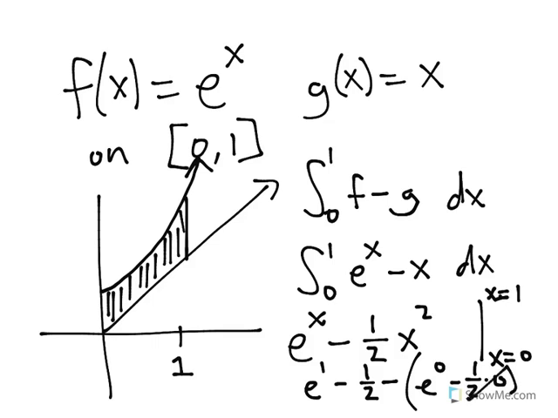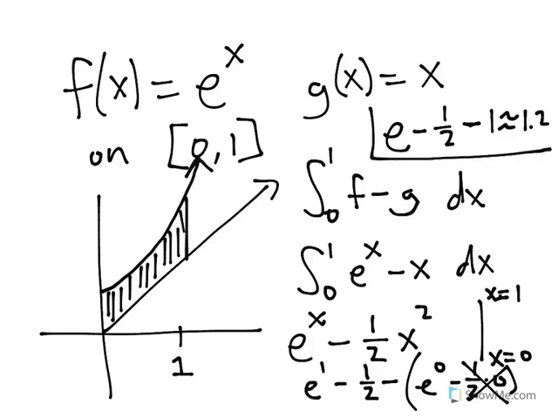Well, let's see. 1/2 times 0 is just 0. e to the 0 is 1. So really your end result, you get something like e minus 1/2 minus 1. And you can figure out what you get as a decimal there as well, which is approximately something like 1.2 something something something. Okay, and so we do get a positive area in there.